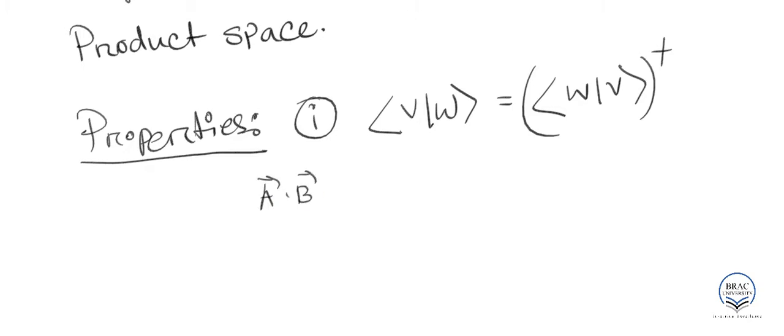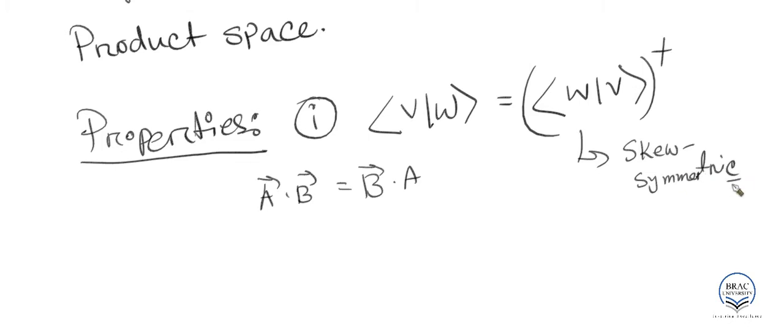That is, if I have two vectors from our vector analysis courses, ax, ay, az, bx, by, bz, then a dot b is equal to b dot a. These two are similar. This is also called the skew symmetric property.